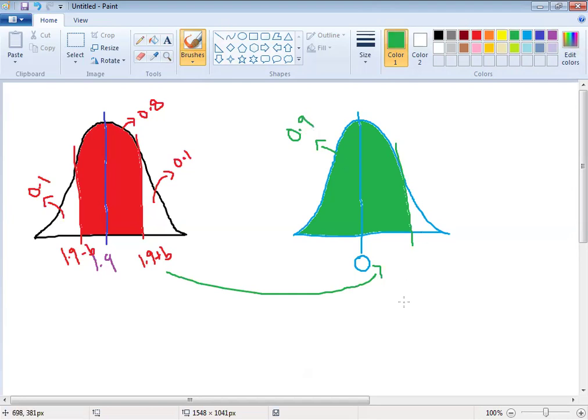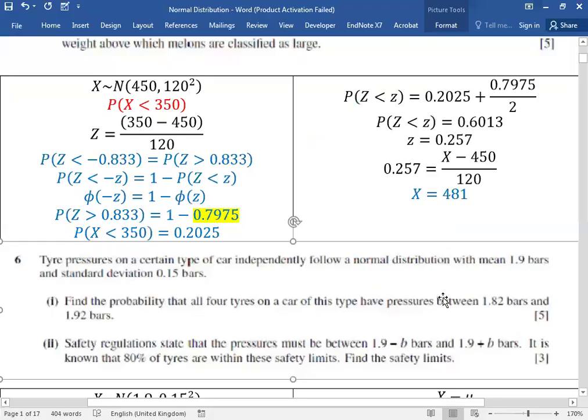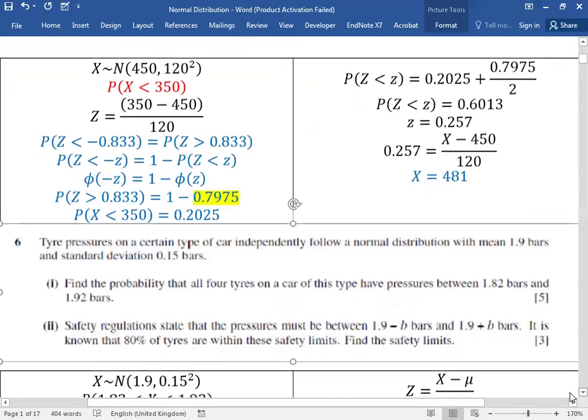Now, for the common probabilities like 90%, 75%, you do not have to dive deep into the table; those values are also given below. So when the probability is 0.9, what is the Z value? 1.282. So Z has a value of 1.282 when X has a value of 1.9 plus B. Is that right? Use the formula.